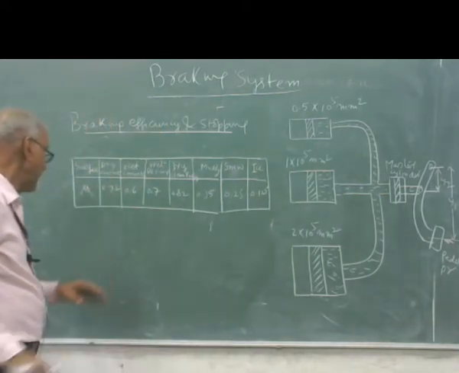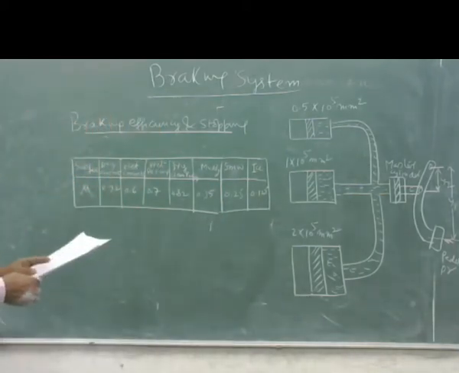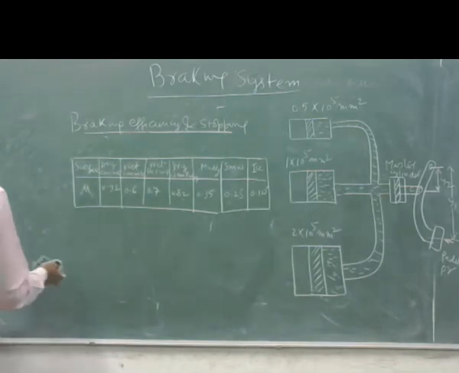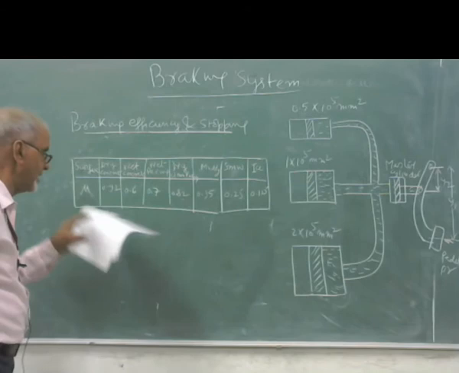So in that way, the value of mu depends upon the road construction, what type of road is there. Then comes brake effectiveness. I think it is clear now.